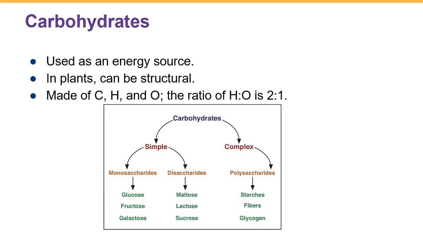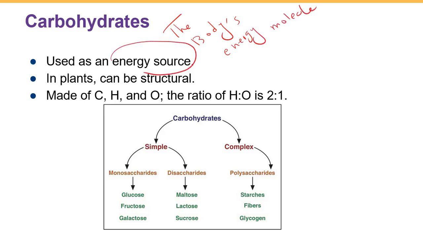Let's talk about the carbohydrate, which we can call the body's energy molecule. So the body is going to use carbohydrates as the energy source. Carbohydrates have carbon, hydrogen, and oxygen in their molecule, and the ratio of hydrogen to oxygen is 2:1.